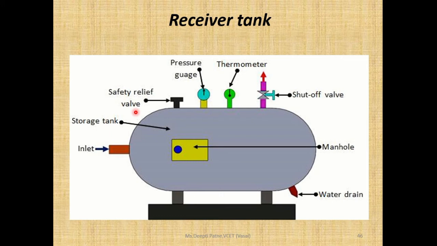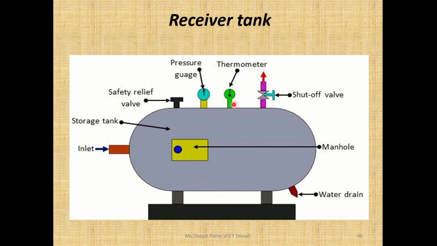You may have heard this name. What is a safety relief valve? It is the one that releases the air whenever the pressure is exceeding. So this is a safety relief valve which releases the excess air.